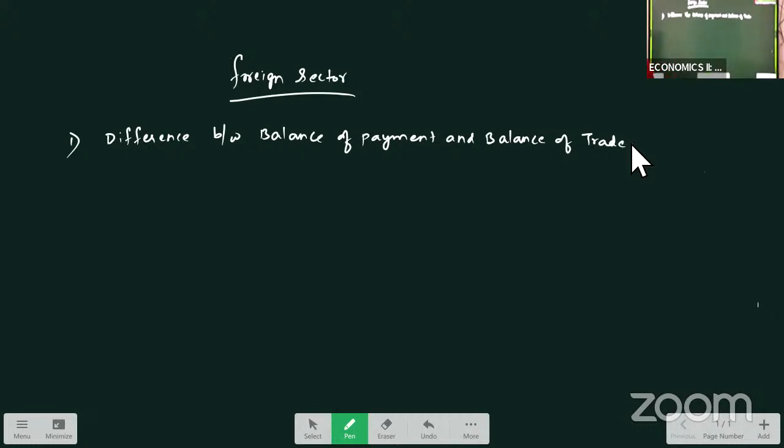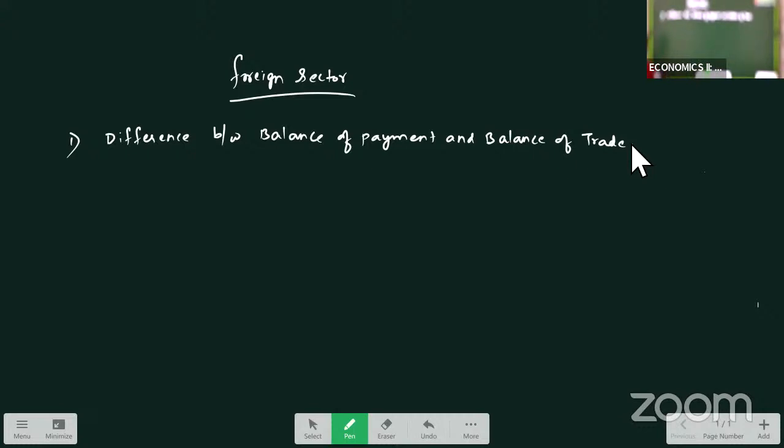It will calculate the value of imports as well as the value of exports. That means the total value of imports in the country and the total value of exports. The statement which includes the value of imports and exports is called the balance of trade or balance of payment.